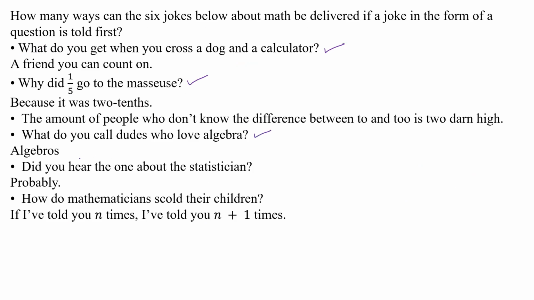That one's a question, that one's a question, and that one's a question. So 5 out of the 6 are questions. If we have 6 jokes to choose from and 5 of them are questions, there are 5 ways to choose that first one.